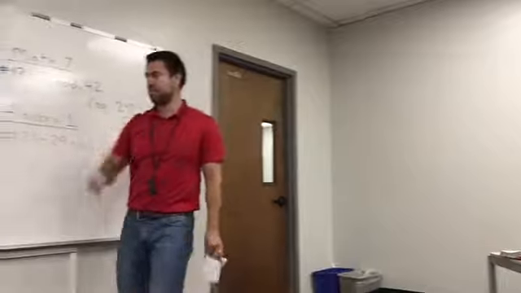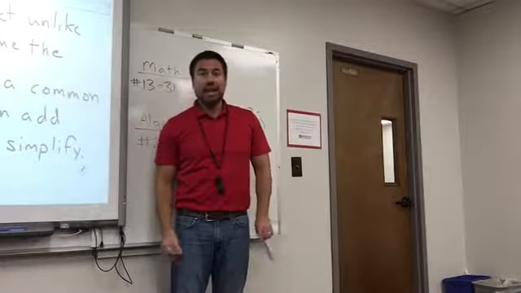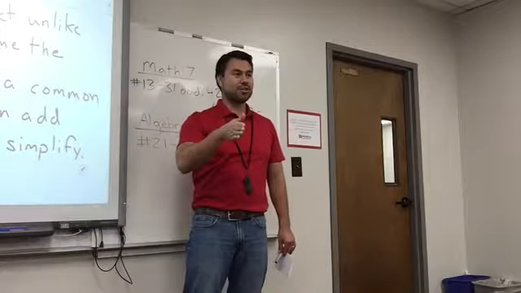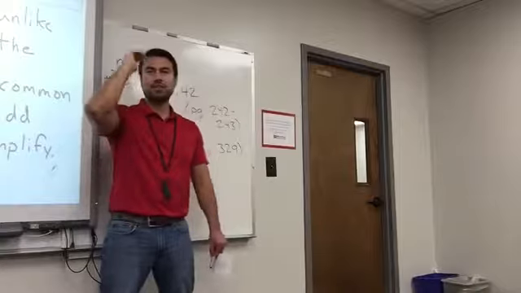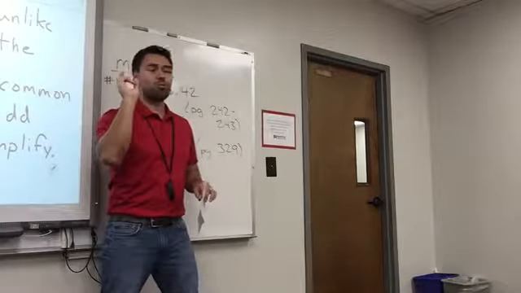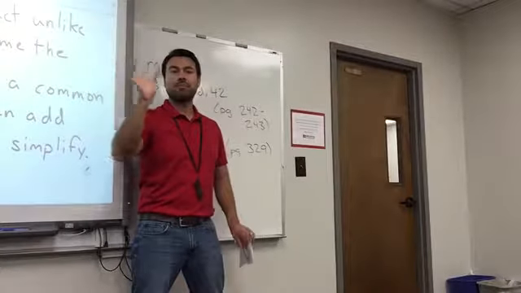John? Makes the fraction where they have nothing that can go between each other. There's no common factor. And do you guys remember what that means? That the numerator and denominator are relatively prime.